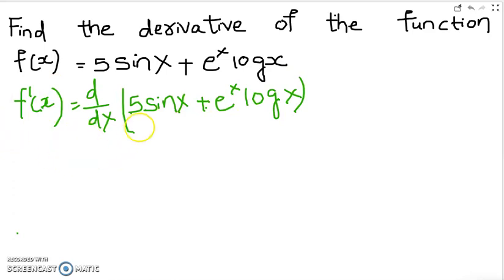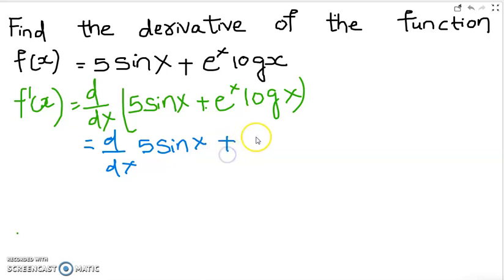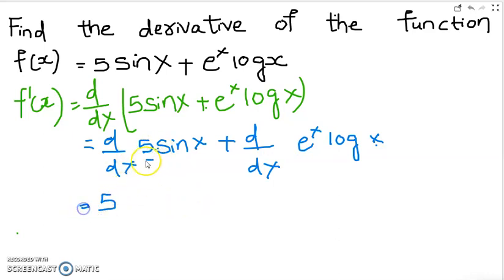Now this derivative should be taken for the entire expression, so d by dx of 5 sin x, in the same way plus d by dx of e power x log x. Now 5 is a constant multiplied with it, so it will come outside. For 5, differentiation does not occur on it.